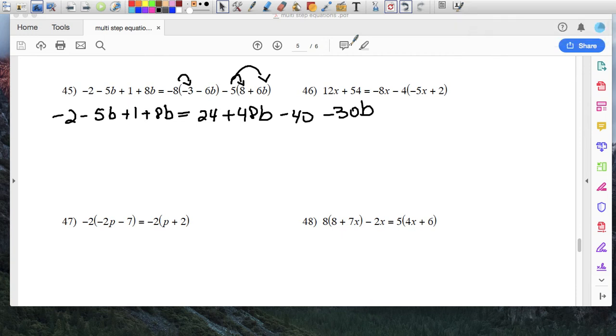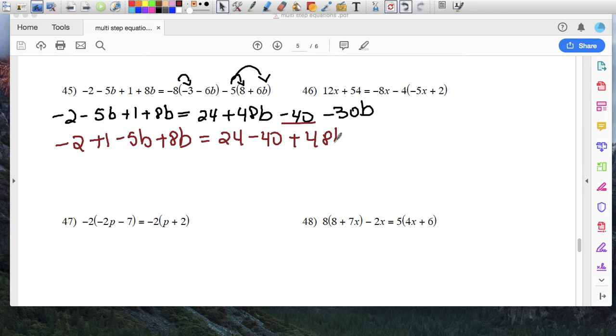So on the left side, we can combine a whole bunch of things. And I will actually rewrite them so the like terms are next to each other. So negative 2 plus 1 minus 5b plus 8b. I can combine, and then let me organize this right side. So it's 24 minus 40, and then the b's next to each other.